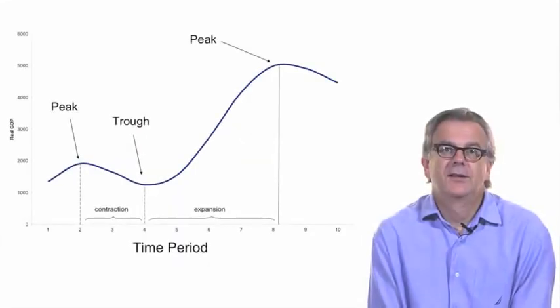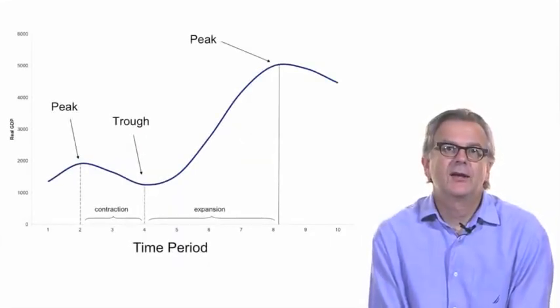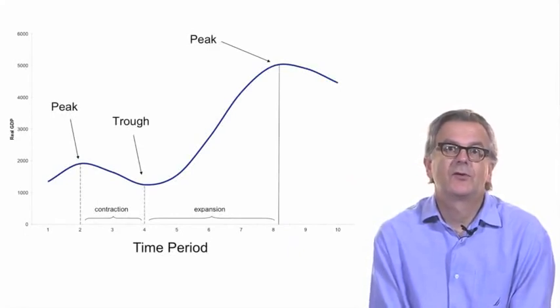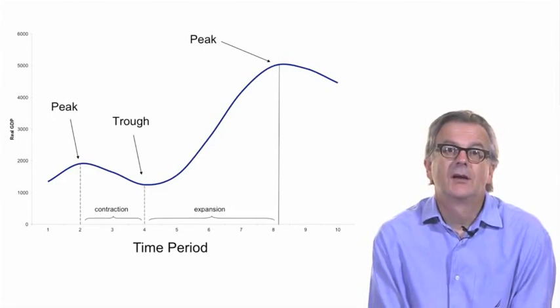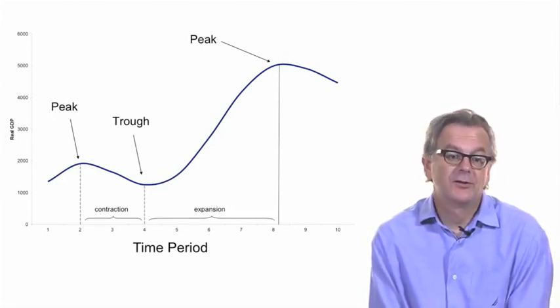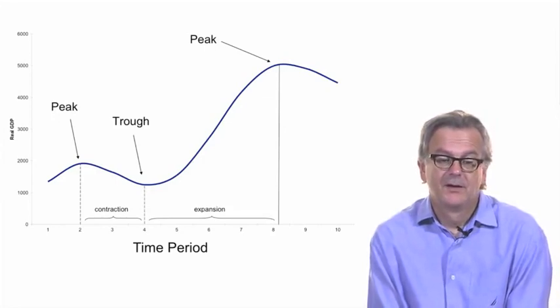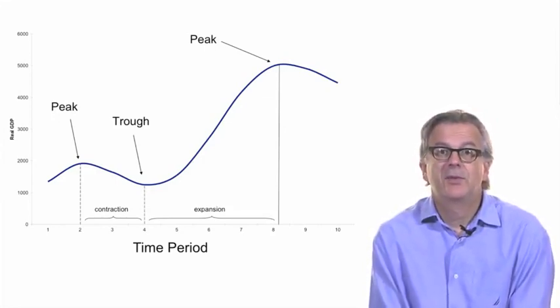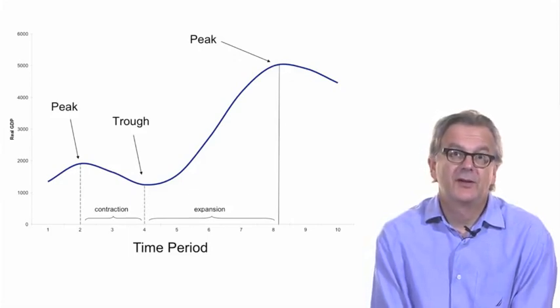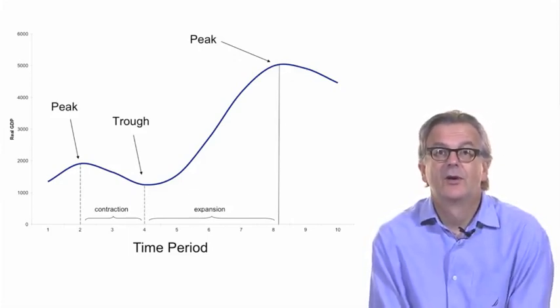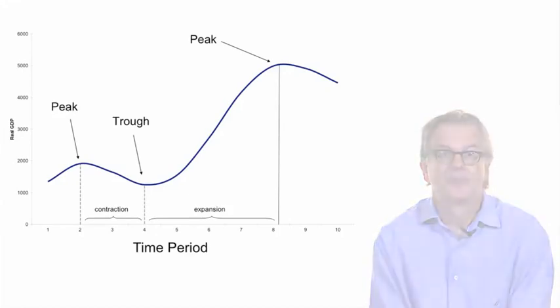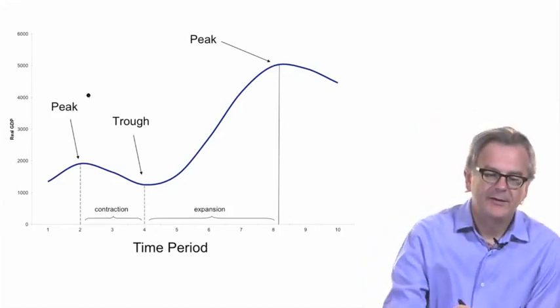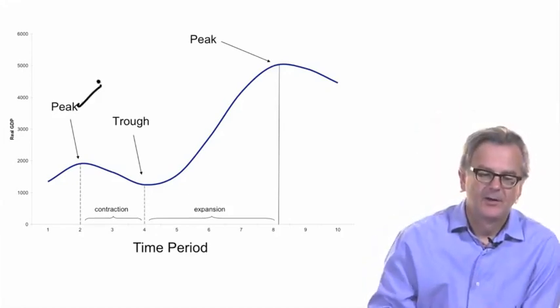Let me start the analysis with a stylised representation of what is called the classical business cycle. And I'm showing you this diagram because I want to introduce some terminology to you. When we speak of the classical business cycle, we speak about a regular sequence of events that economies pass through in the short run, where we have the attainment of a peak.